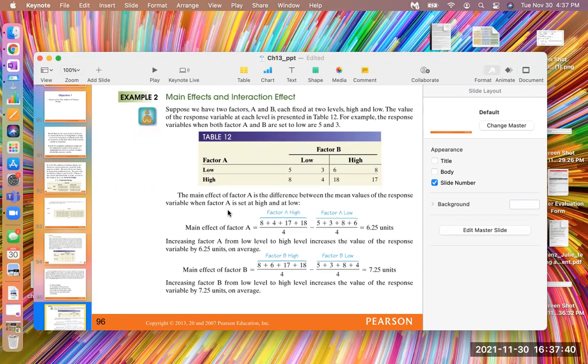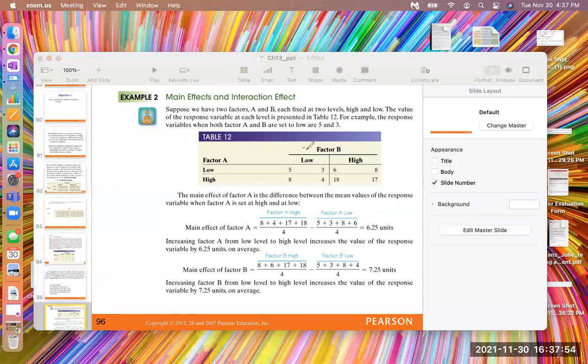Okay. The main effect of A is basically if we ignore factor B. So if factor B is not even there, right? We don't care about this line being there anymore. We're comparing the response variable when we have a high level of A to the mean of the low level of A. And so that's what they do.